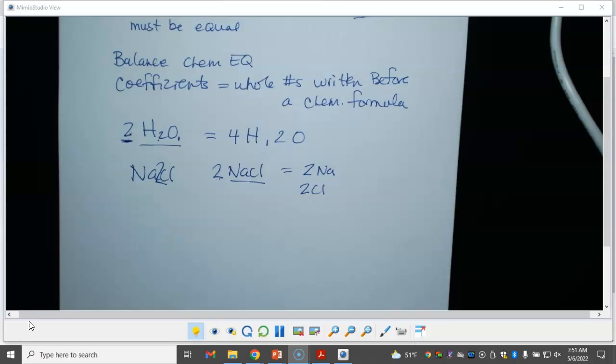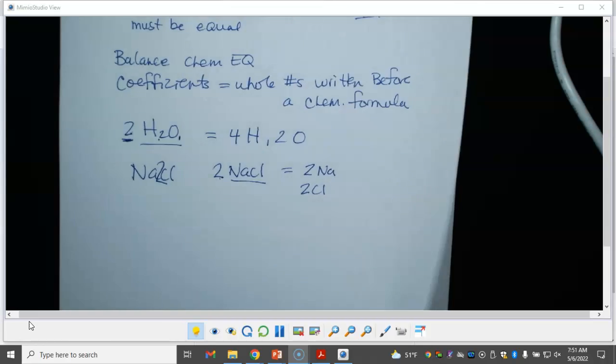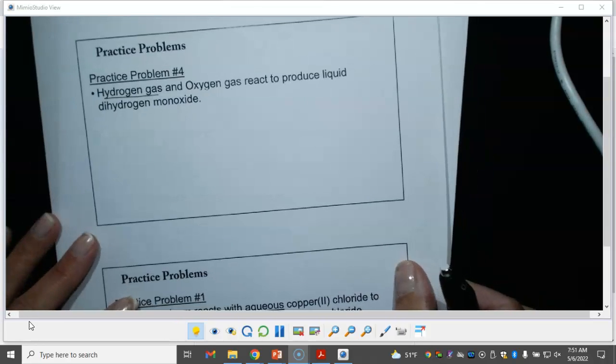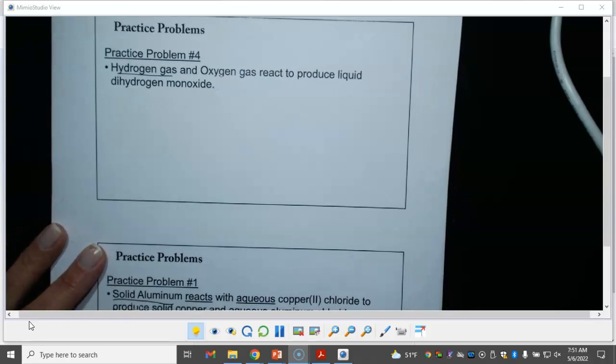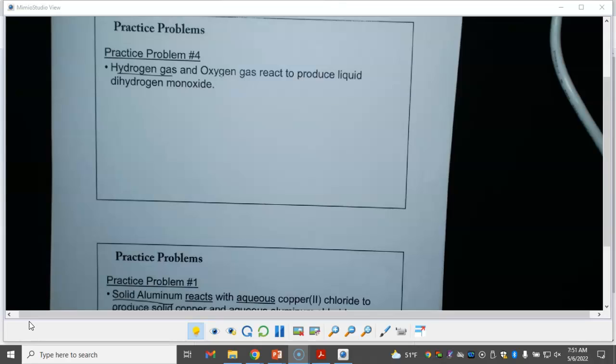So let's go ahead and let's just jump into a few of these problems. Now, don't write the actual word problem down. You guys are going to write the formula problem down. So we're going to start with this one that says hydrogen gas and oxygen gas react to produce liquid dihydrogen monoxide.